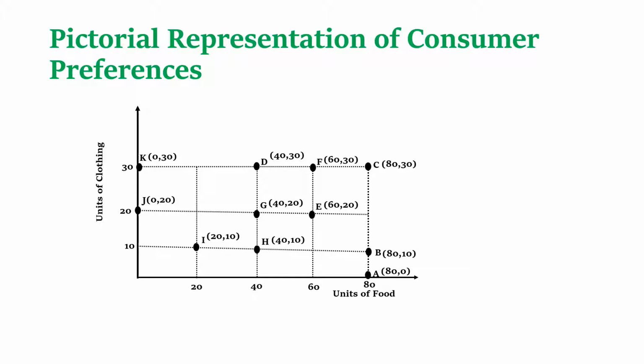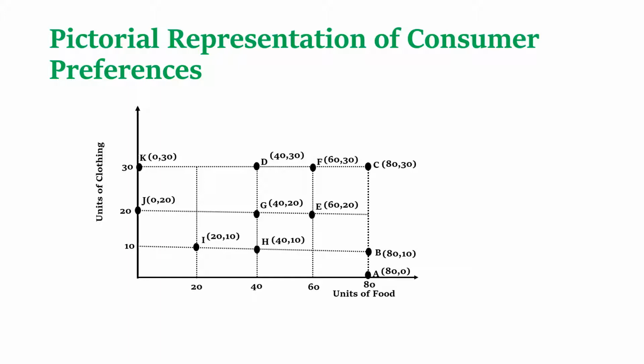So when we move on to the concept of indifference curve analysis, we are going to look at how the consumer makes his choice decisions. That is, he chooses the bundles, the baskets of goods that are higher on the indifference curve than those that are lower on the indifference curve.